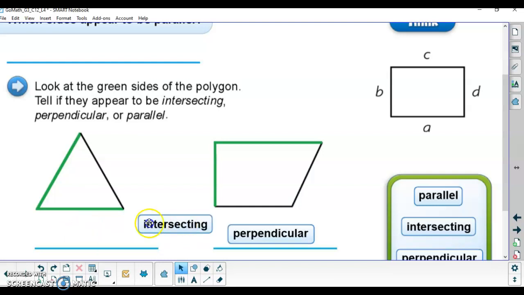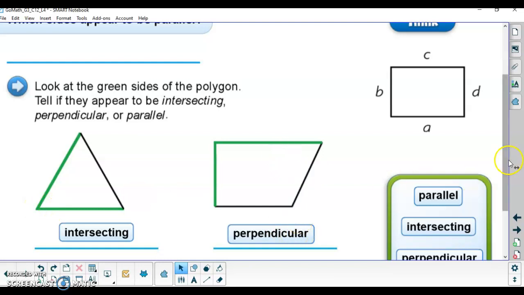We already have some of these answers here. So if we look at this one, we can see that if we keep drawing, they meet together at this point. So those are intersecting lines. Okay, this line and this line meet together, so they're intersecting.